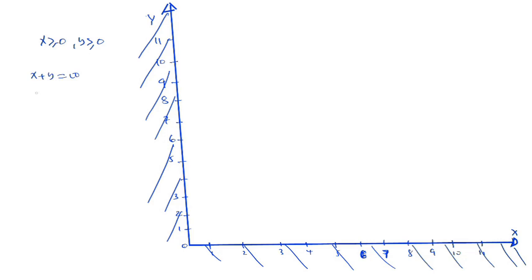So when x equals 0, y is going to be 10. Our point is (0, 10). And then when y equals 0, our x is going to be 10. So our point is (10, 0). Okay, so now we draw the lines and shade the region according to its boundary lines.